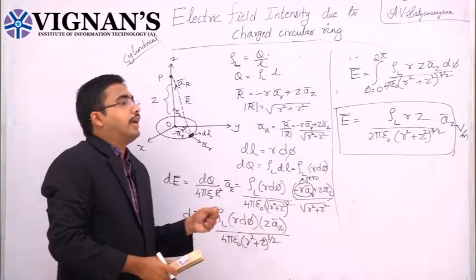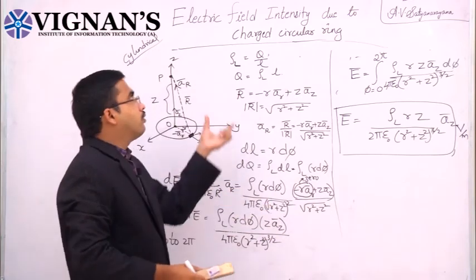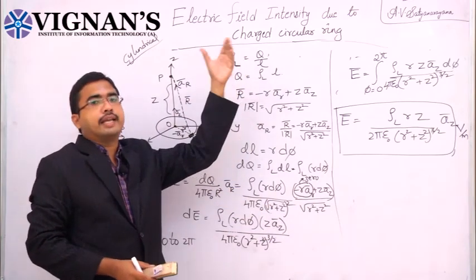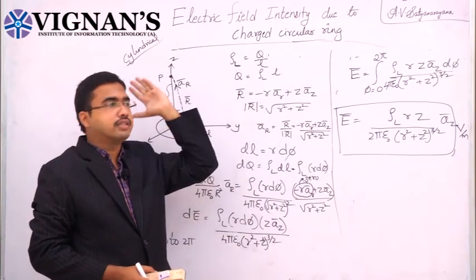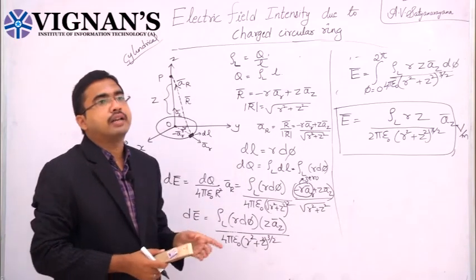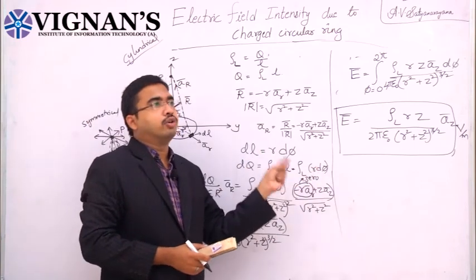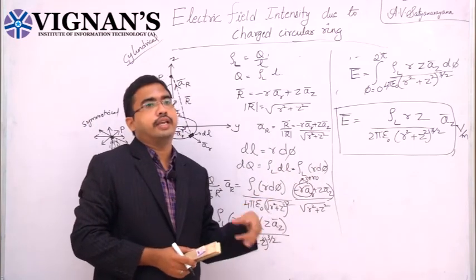So let us revise those formulas again. What is the electric field intensity at a point P due to an infinite line charge? In the previous derivation we have written E bar is rho L by 2 pi epsilon naught R into AY bar.